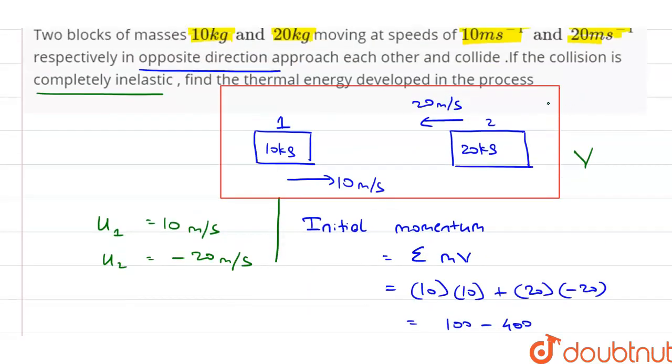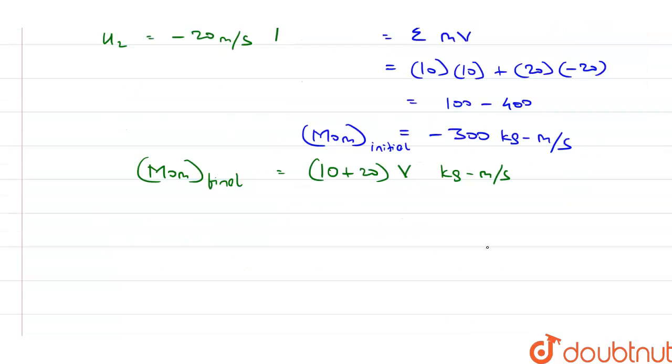Now since in this system there is no external force acting, the initial and final momentum will be the same. Therefore, we can equate those. So initial momentum is minus 300 and final momentum is 10 plus 20 equal to 30 into V. This implies capital V is equal to minus 10 meter per second.